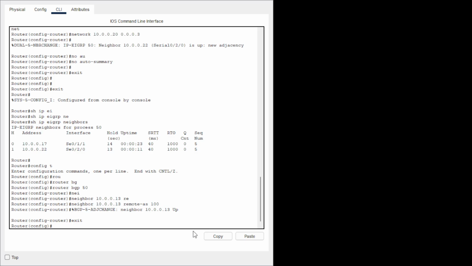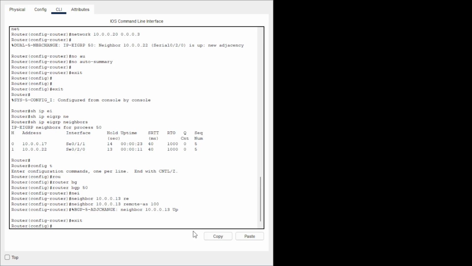So based on these values we have to config T and router EIGRP 30. We have to redistribute our BGP ASN number 30 into it. Here we can also put a question mark if we have any doubt. It is asking for the metric. First we put the bandwidth, 1544, in kbps.